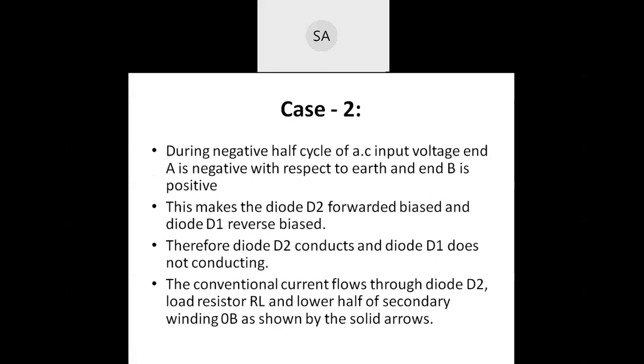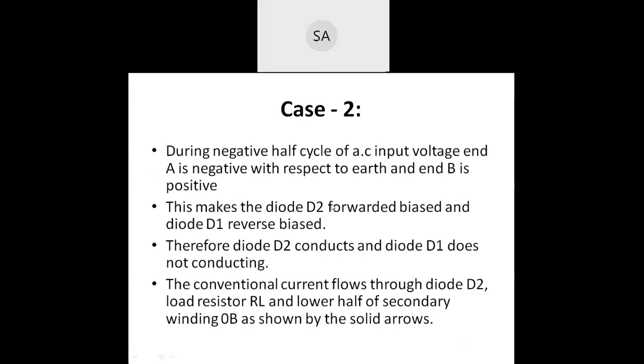And during case 2, let us discuss the working of the center tapped full wave rectifier. During the negative half cycle of AC input voltage, end A is negative with respect to the earth and end B is positive.